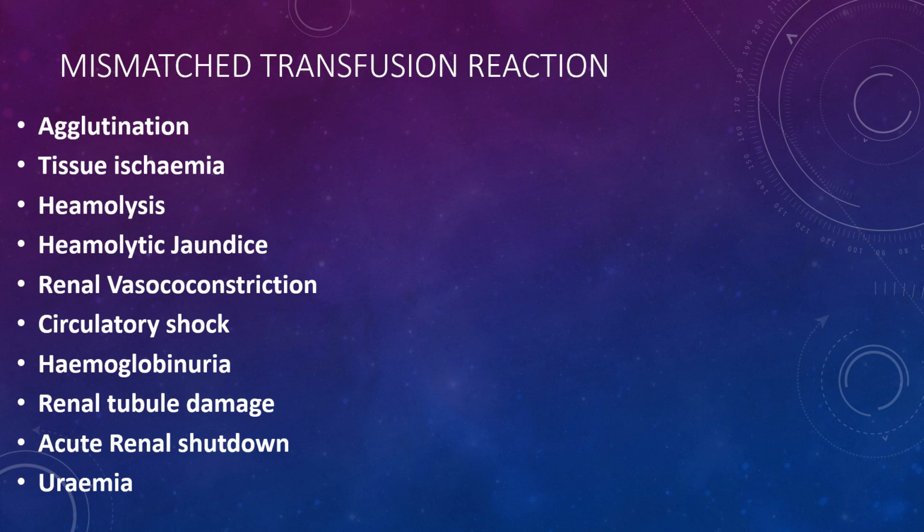Renal tubule damage: if urine is acidic and glomerular filtration is low, the free hemoglobin passing through the glomeruli is precipitated in the tubule as acid hematin, and this obstructs the lumen of the tubule, producing renal tubular damage. This is very important, and this is known as acute renal failure. That leads to acute renal shutdown, which means anuria. There is no production of urine, and this anuria leads to uremia, meaning increased nitrogenous substances in the body.